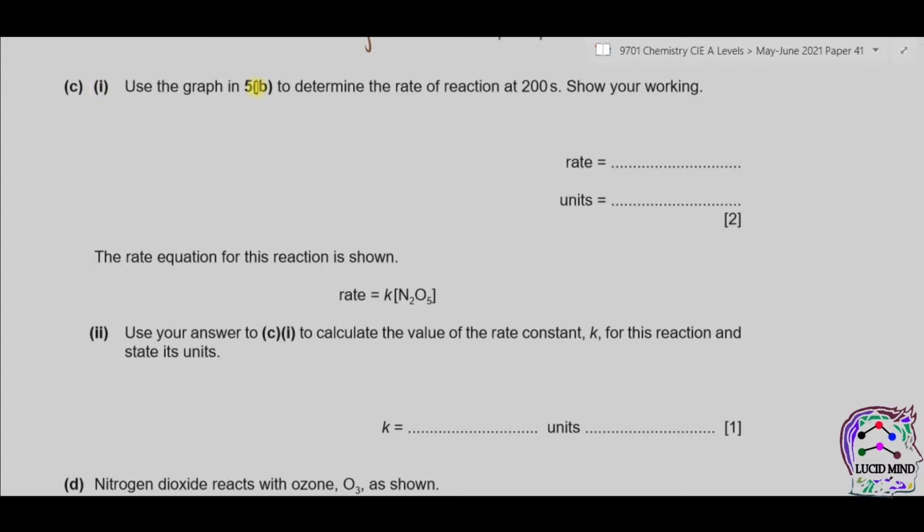Part C. Use the graph in 5 Part B to determine the rate of reaction at 200 seconds. Show your working. We have to find the rate of reaction and we also have to find the units. The rate equation for the reaction is shown. Rate is equal to k times [N2O5]. Now for rate of reaction we know the formula: rate is equal to change in concentration divided by time taken.